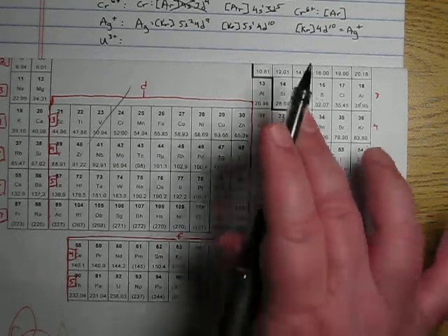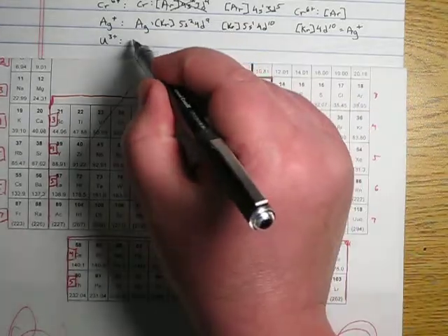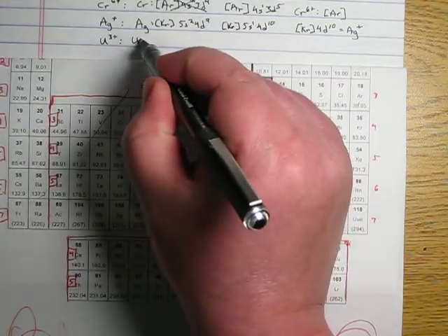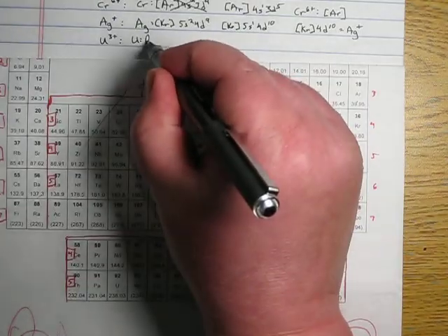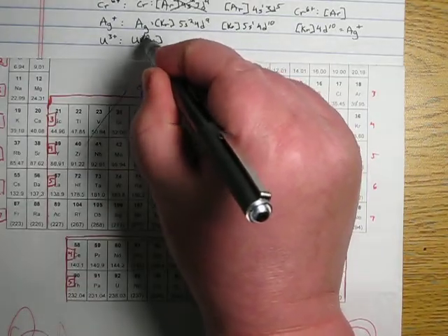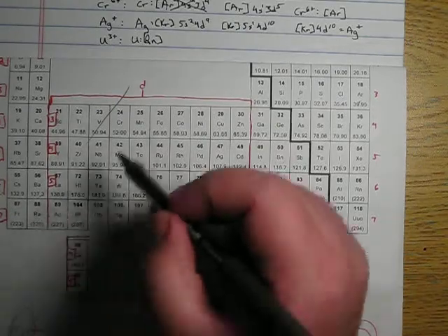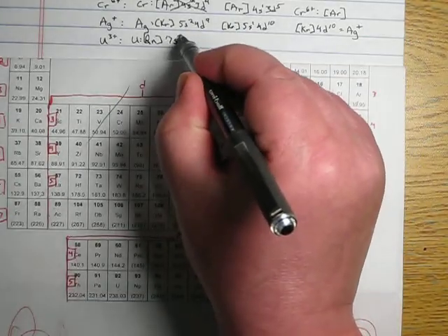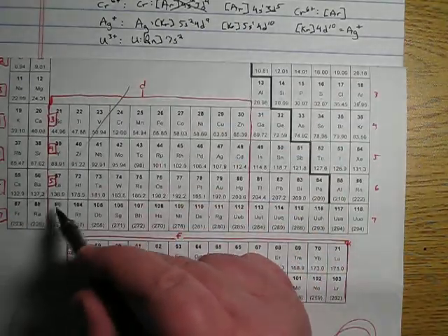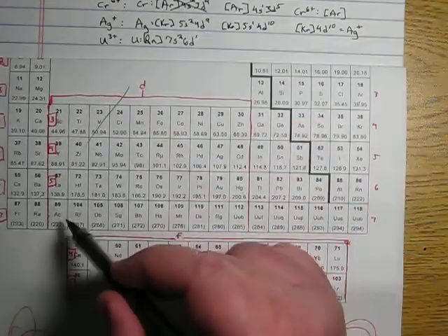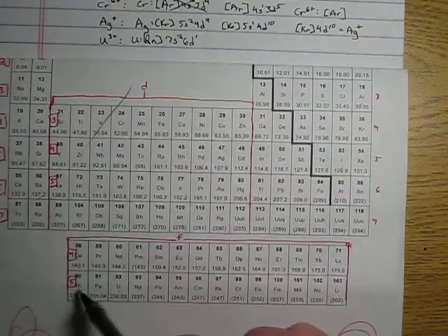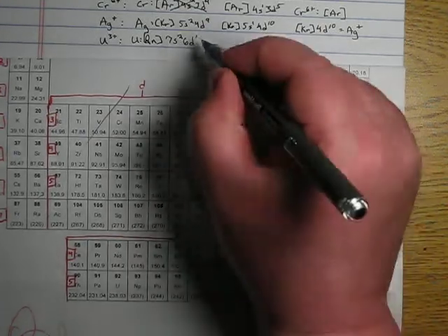We start off with regular uranium. We can see that is radon core 7s2 6d1 5f3.